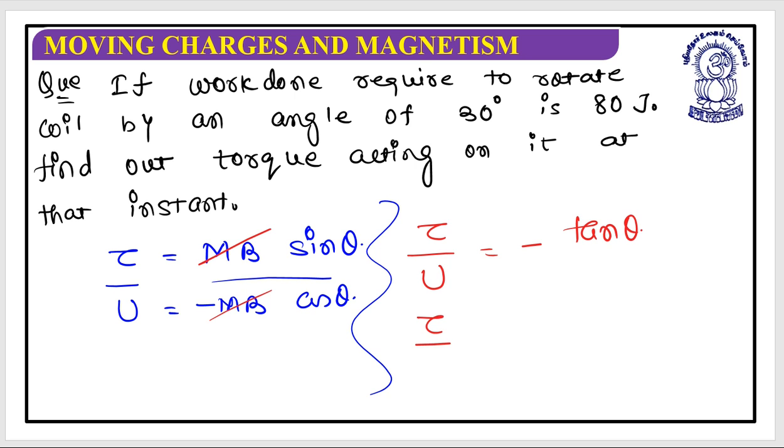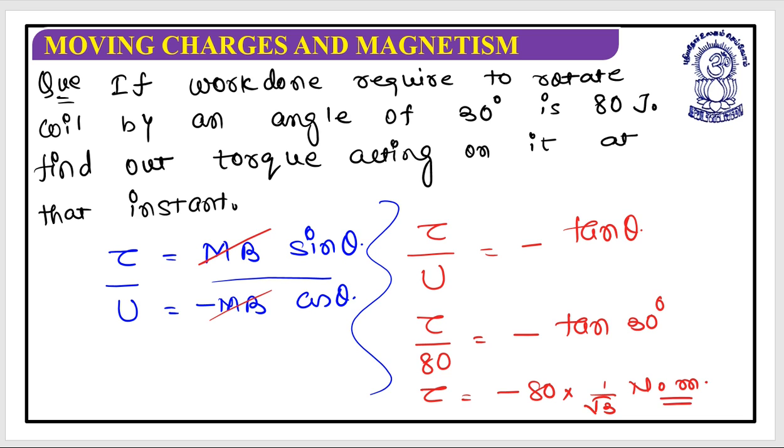Torque is required, potential energy is given, it's 80, this is equal to minus tan 30 degrees. What is the value of tan 30 degrees? Yes, 1 by root 3, great. So torque equals minus 80 into 1 by root 3 newton meter.